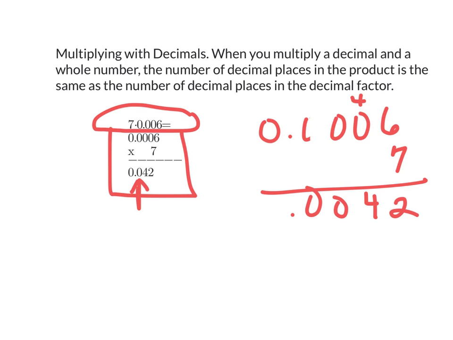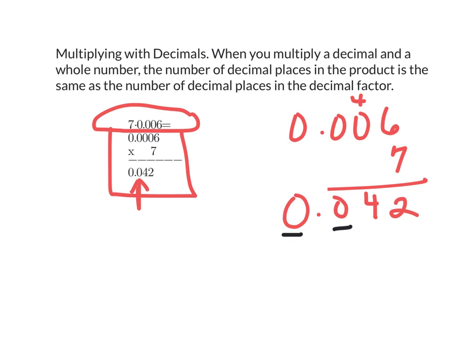Hang on. I just realized what I did. I'll erase it. Okay. Sorry, my pen's not working. 0. Now, it's important to realize that you have to keep these zeros here because they're placeholders.